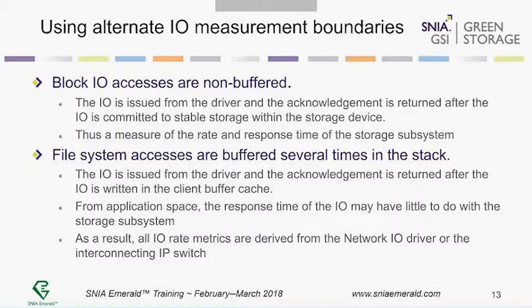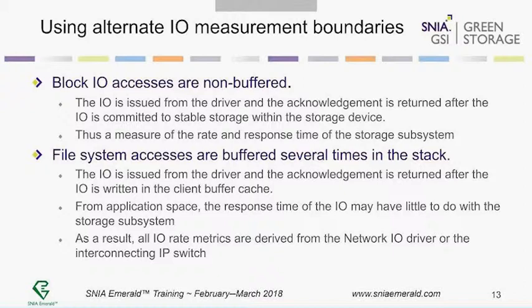They're not buffered in the IO stack that goes from application space out to the storage. As a result, what we see from application space is what the storage device actually sees. There may be some minor driver interaction that occurs there, but for the most part, if you see 10 IOs from application space, your storage device sees 10 IOs.